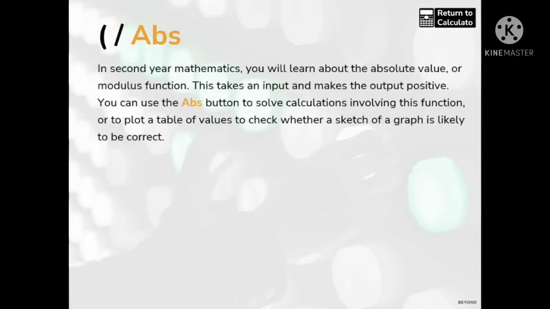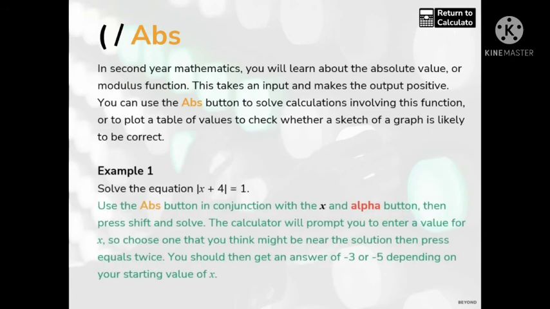The abs button. In the second year of A-level maths, you'll learn about the absolute value or the modulus. This takes an input and makes the output positive. You can use the abs button to solve calculations involving this function, or to plot a table of values to check whether a sketch of a graph is likely to be correct. Quite useful. Solve the equation modulus of x plus 4 is equal to 1.